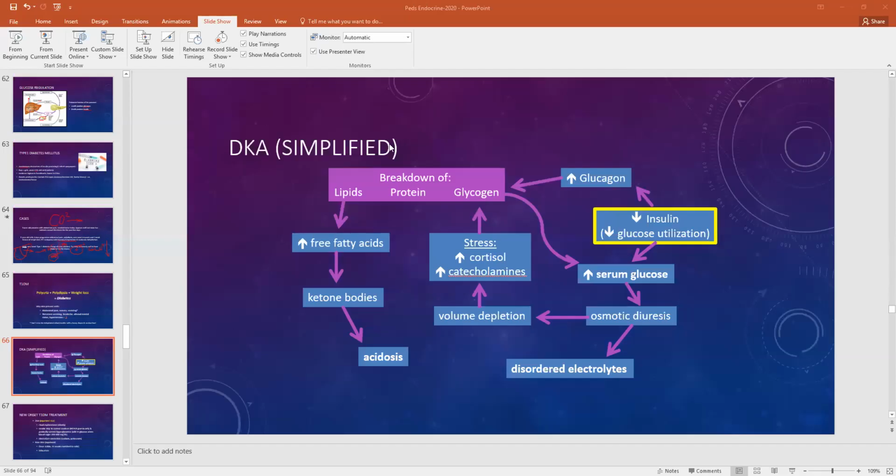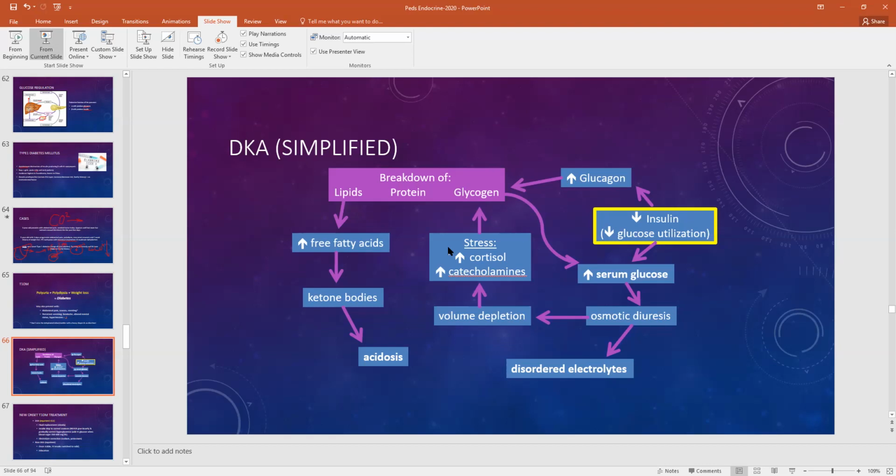Okay, so here's DKA simplified, which we kind of belabored earlier. Basically, it's triggered almost always by stress. So that's why we always want to think, when we see someone who's in DKA, that there's a strong chance that there's an infection at work.